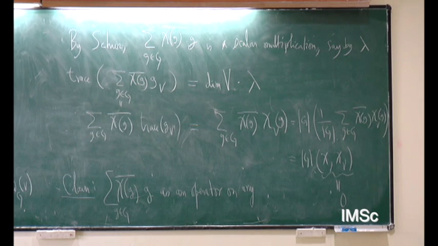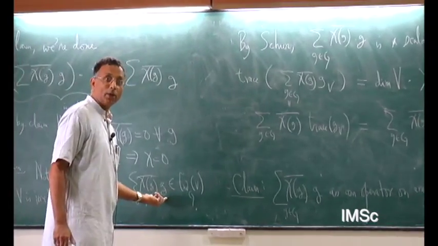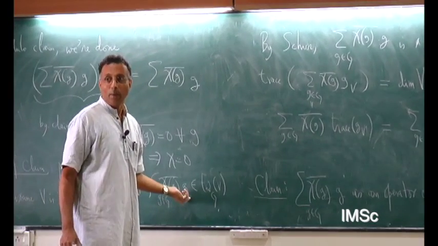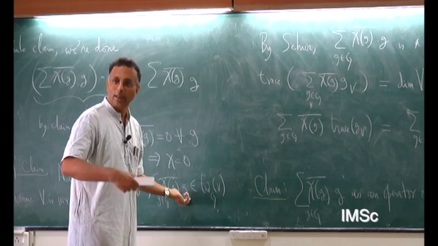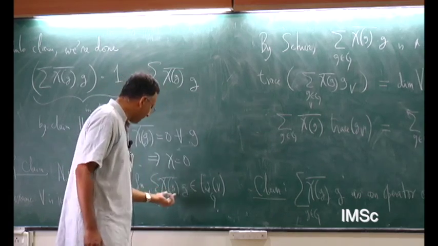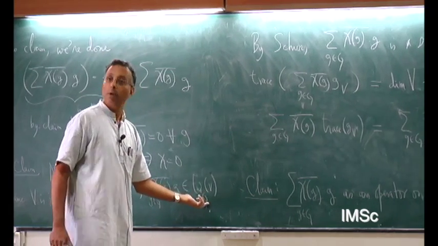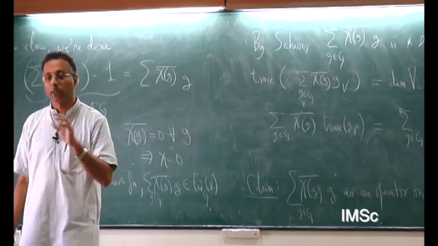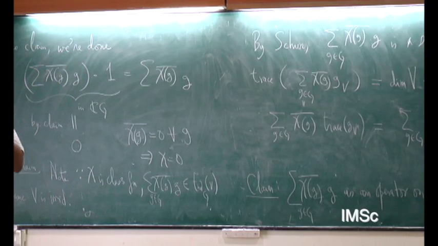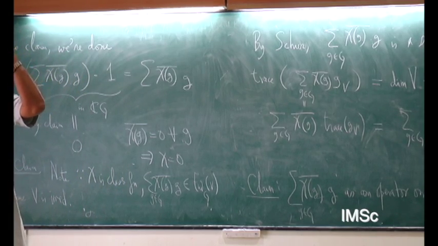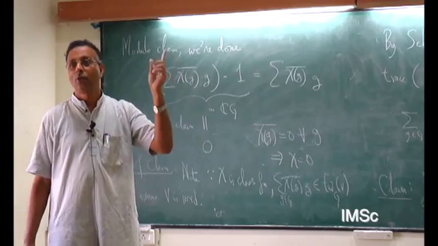So the fact that it is a class function means that this operator belongs to End_G(V). That's a calculation. Now, by Schur, that's a scalar. In order to show that the scalar is 0, you will take the trace.